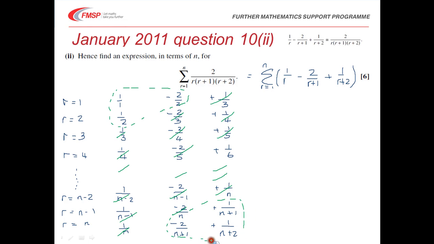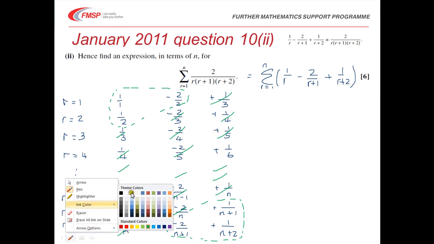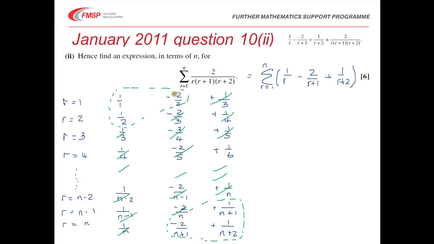If you've done lots of these, see that whatever shape you have at the top, a sort of triangle of 3 terms, you'll have the same at the bottom. So what we're left with is a 1, and then a minus 1, and a half.